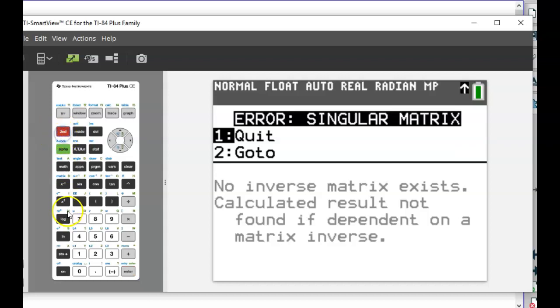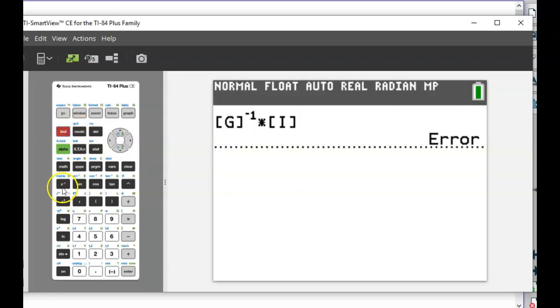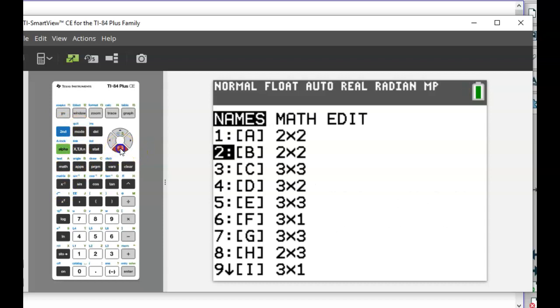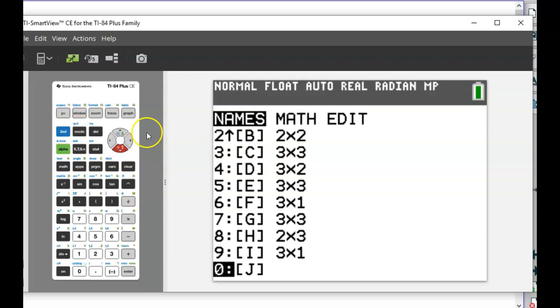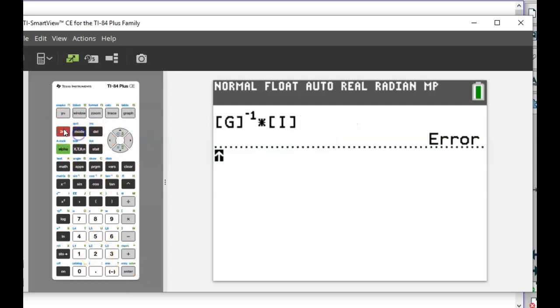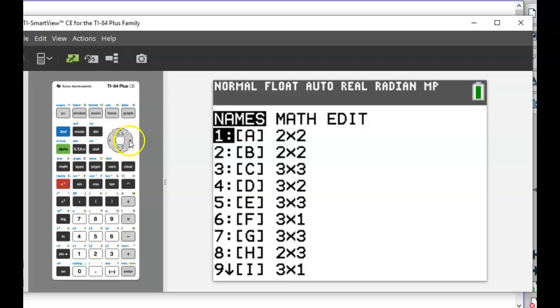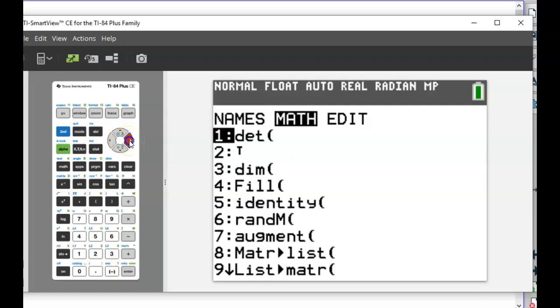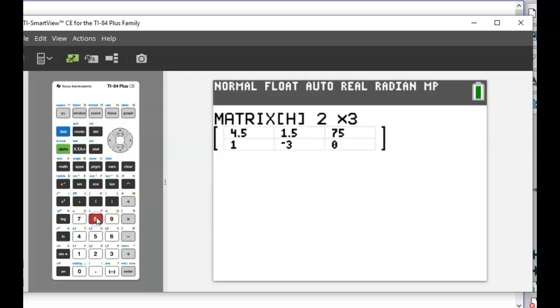To prove that to you, somebody really speedy is going to read me number 10. Do I have 10? Oh, I do, okay. You press 0 to get it. Okay, so it's going to be a 3 by 4, and then I'm going to do RREF to see what it says.